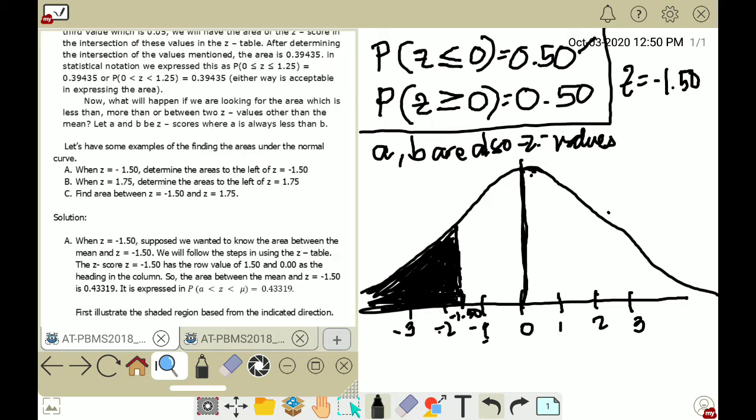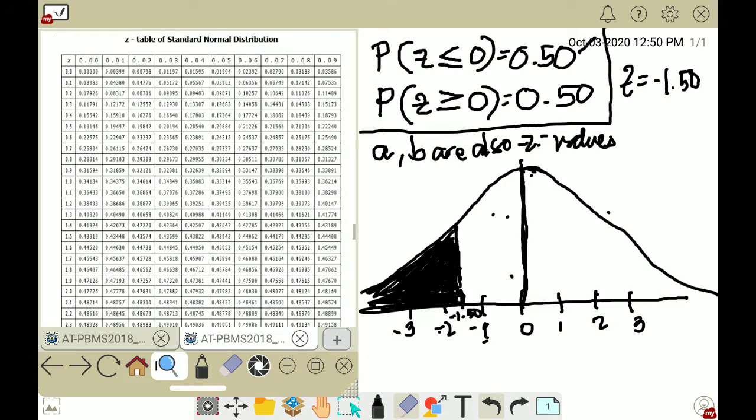In this case, first we need to know what is the area that covers this part, the negative 1.5. We are going to get the area of this part from your z table.